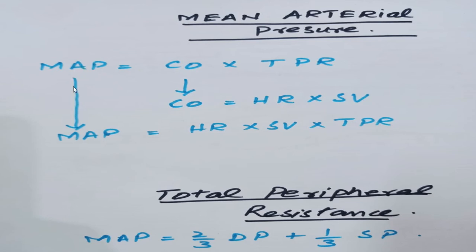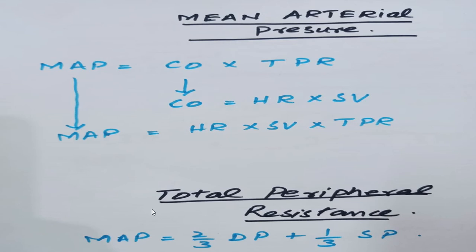If we expand this equation, mean arterial pressure is equal to heart rate multiplied by stroke volume multiplied by total peripheral resistance. And the mean arterial pressure is 2/3 of the diastolic pressure plus 1/3 of the systolic pressure.